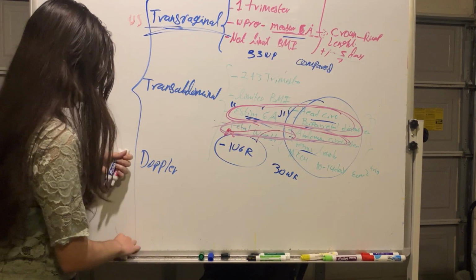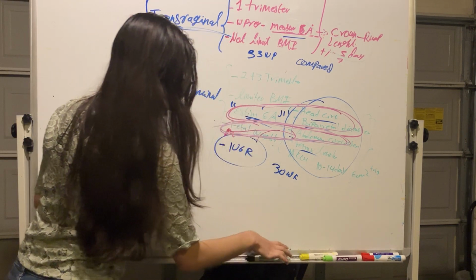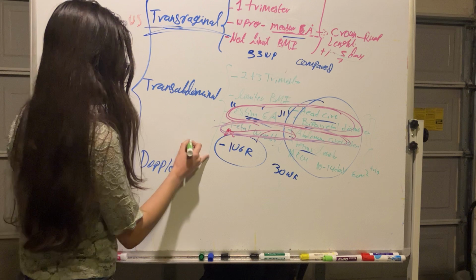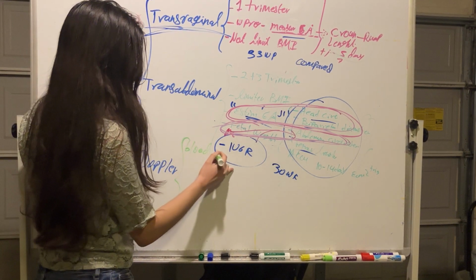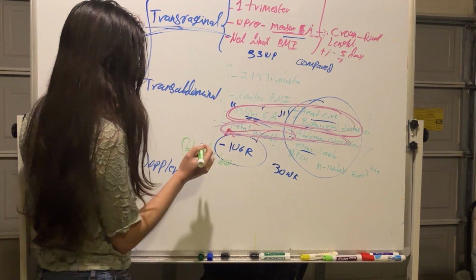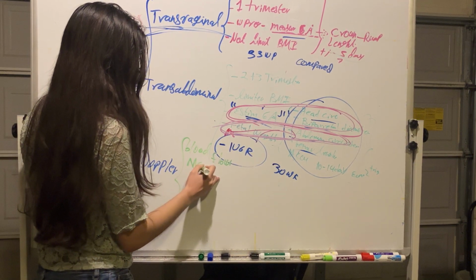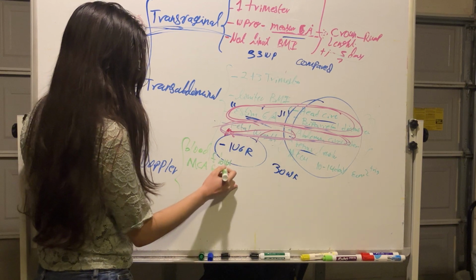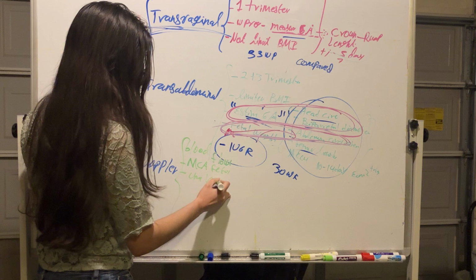And the Doppler, we use the Doppler to measure blood flow of the middle cerebral artery of the fetus and the umbilical vein.